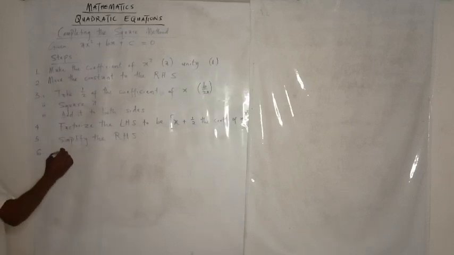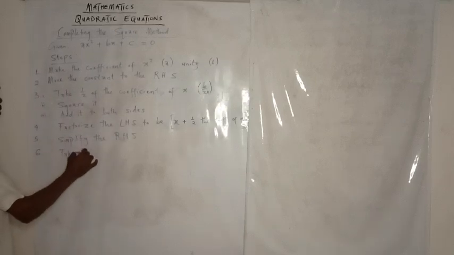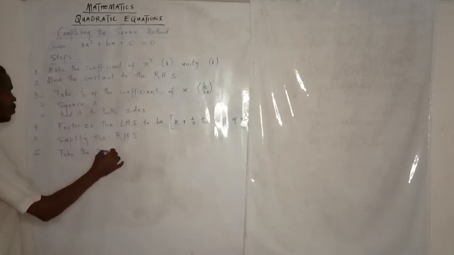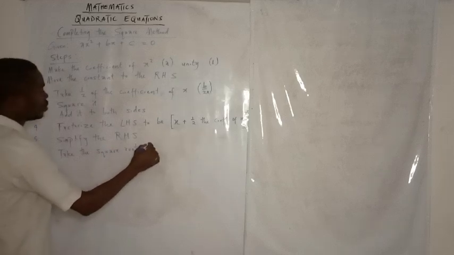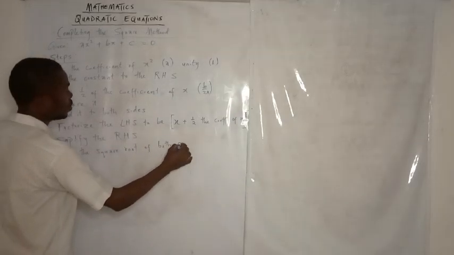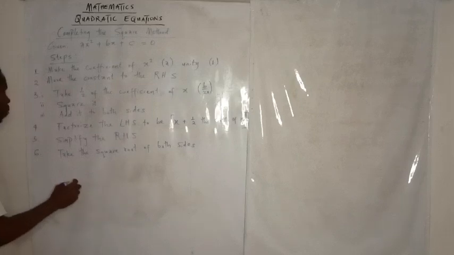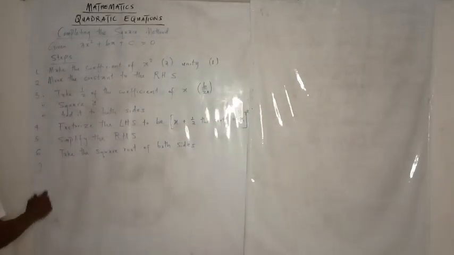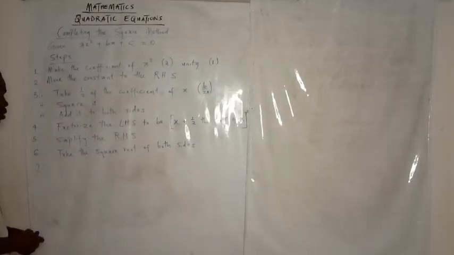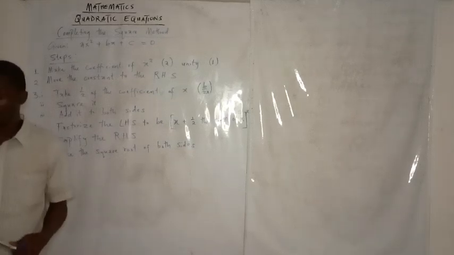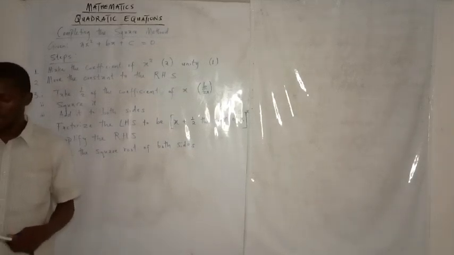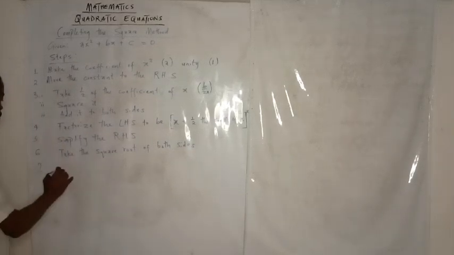And the sixth thing will be to take the square root of both sides. And then after you've done that, the seventh step will be that you should make x the subject of the formula on the left hand side and simplify the right hand side.